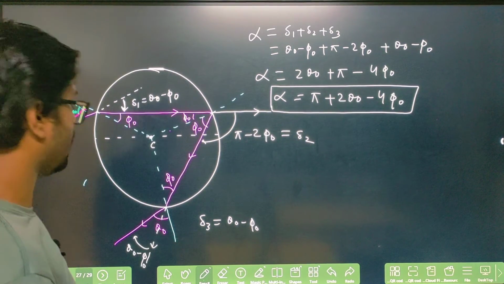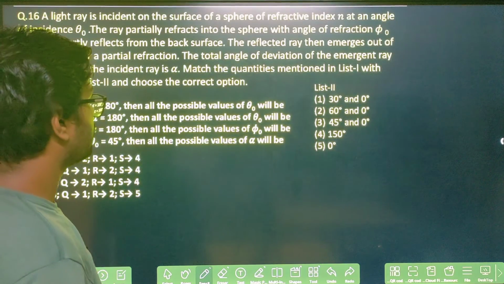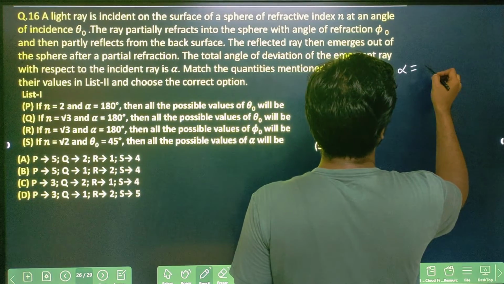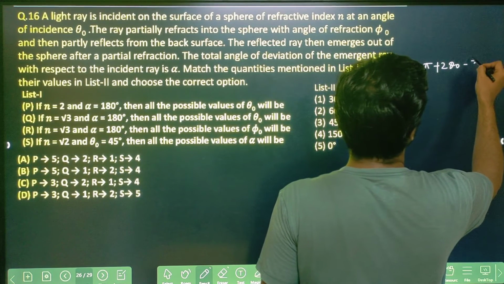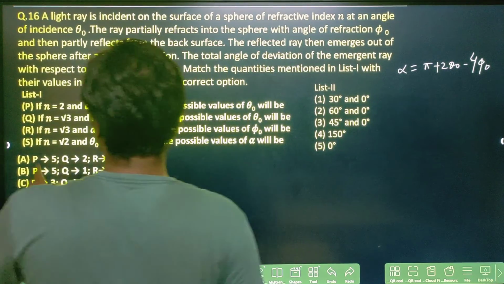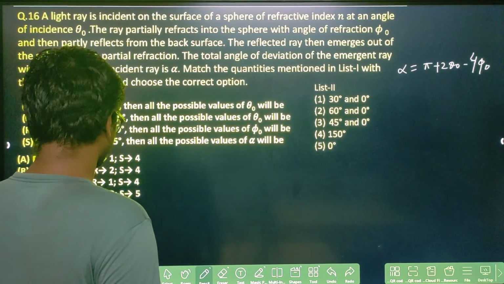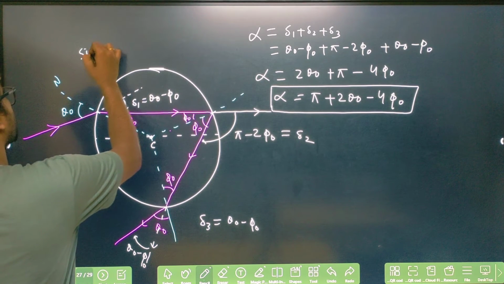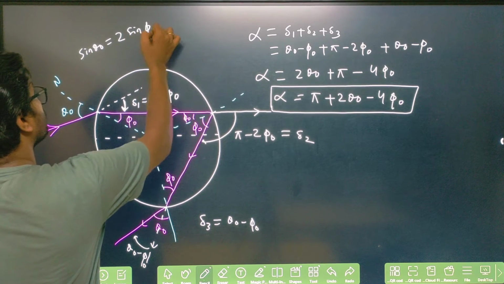Okay, now I have to check all the answers. So what I got, I am writing here: alpha equals pi plus 2 theta naught minus 4 phi naught. Now for the P option, n equal to 2, alpha equal to 180 degrees. If n equal to 2, here you can say that sine of theta naught equals 2 into sine of phi naught, right?